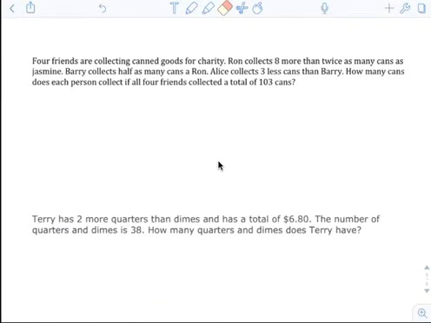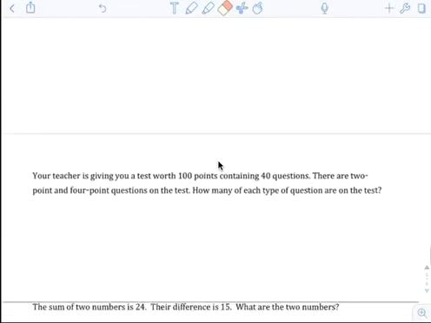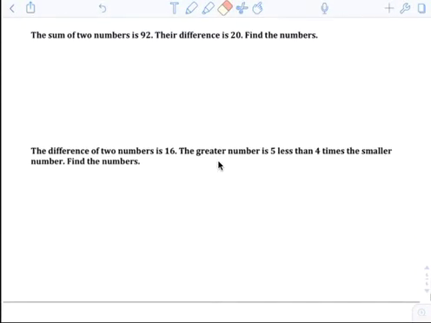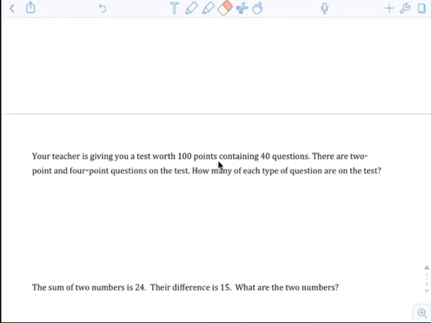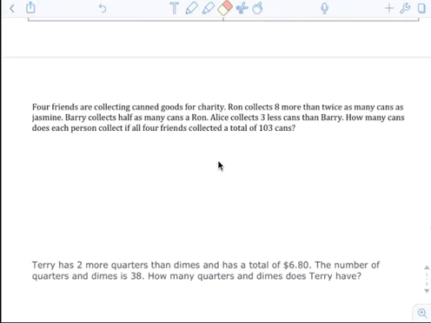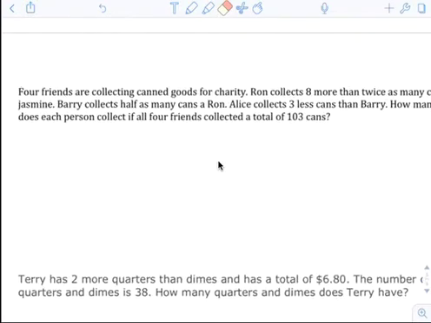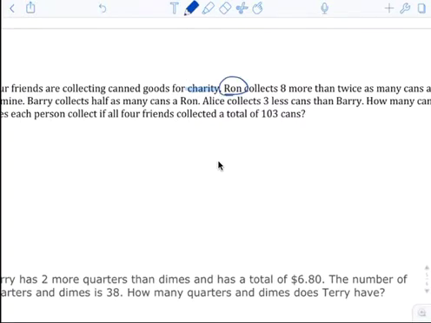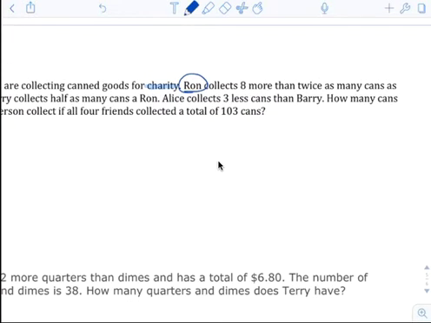Okay, and I believe I did all the other ones right in class today. So my last one is this one. 4 friends are collecting canned goods for charity. Ron collects 8 more than twice as many cans.